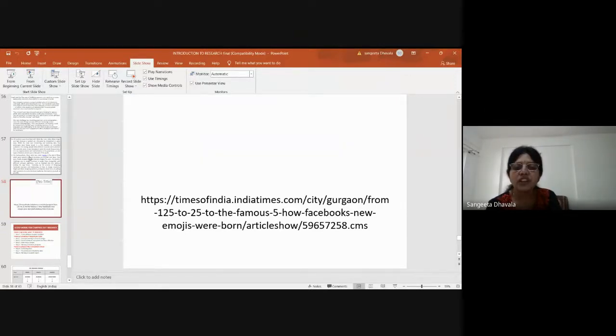But how many of us are really aware of what specific emotion is conveyed with that specific emoji? Not many of us. We generally use that clap symbol, thumbs up, sad symbol, smiling face, and that laugh symbol, right? Very few.